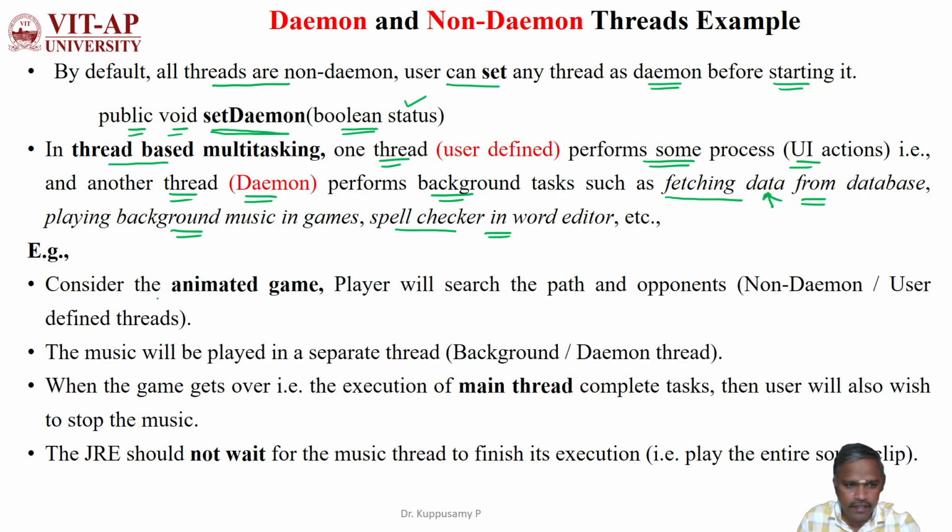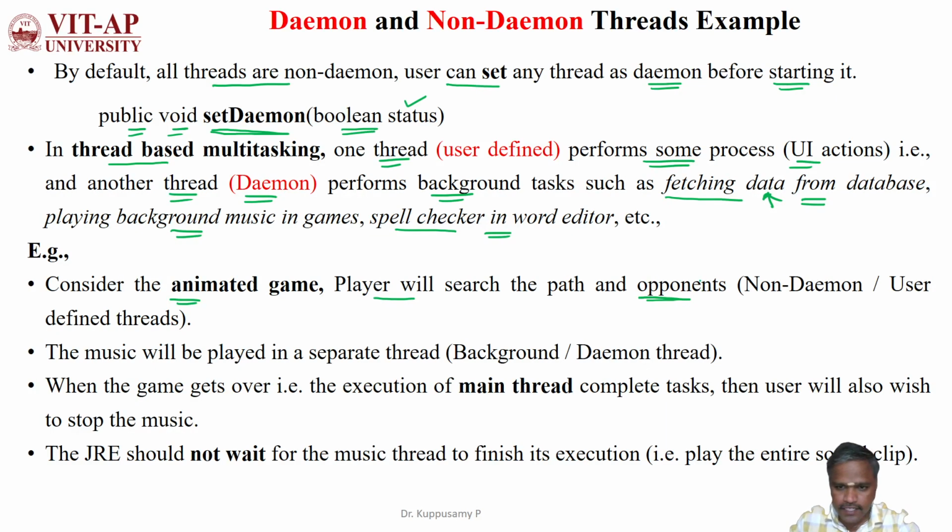For example, in an animated game, assume that two players are playing. The player is searching the path to move forward, and also during that time, opponents are to be identified.